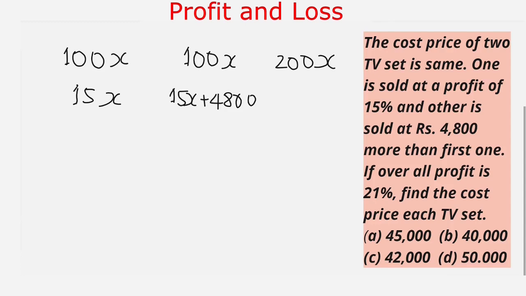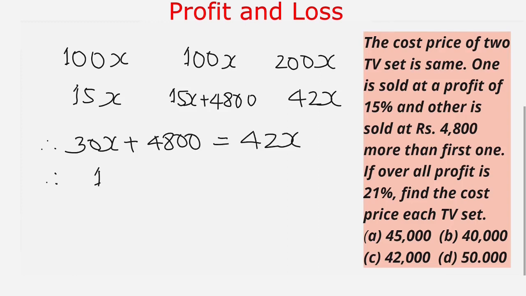So the profit on 200x is 42x. Therefore, if we add the profits of the two TVs, that will be 15x plus 15x plus 4,800, that is 30x plus 4,800, and this is equal to 42x.